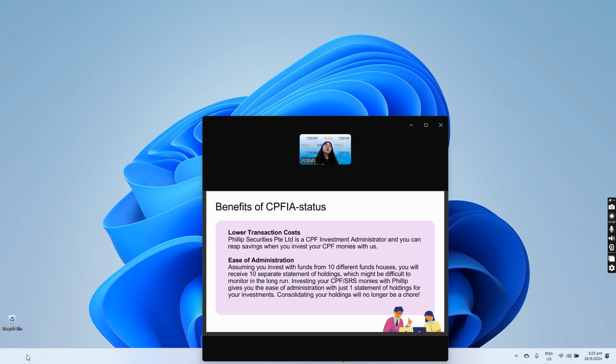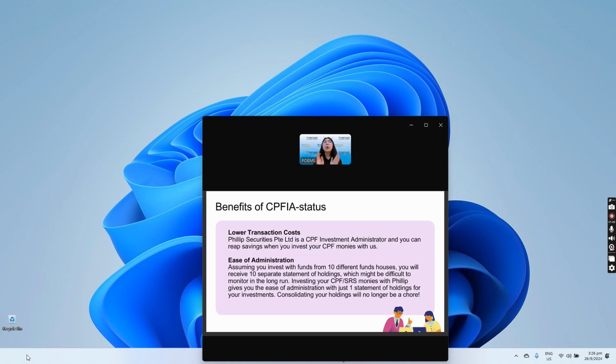So this is about lower transaction cost in unit trust. Whether you trade online or approach your FA like me to help you submit the fund trade, using OA money is all zero charges. Because if you use cash and do it online, it's zero charges, but if you approach your FA for advisory service, there's a sales charge.